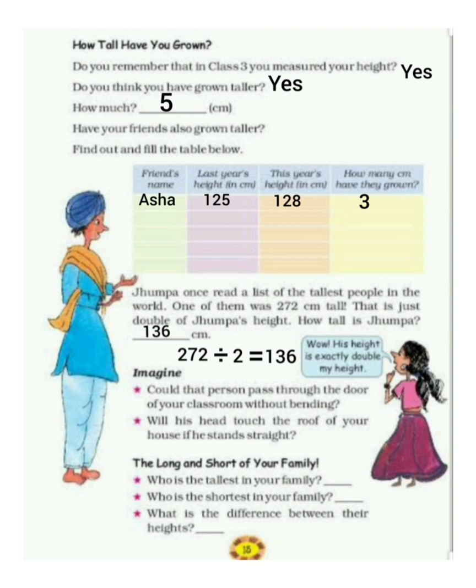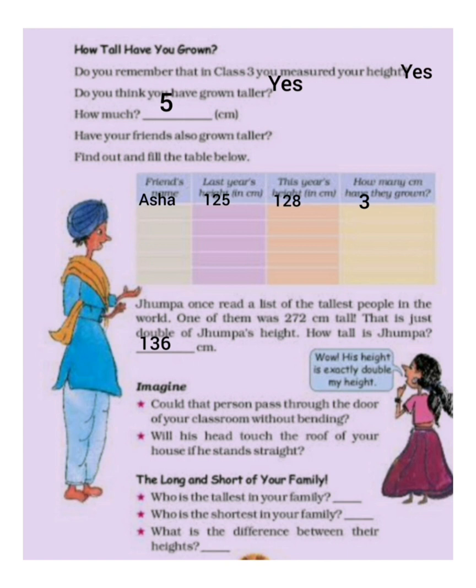Have you understood? Let us now imagine. The first question is, could that person pass through the door of your classroom without bending? That person means the tallest person. Dear students, imagine he is 272 centimeter.